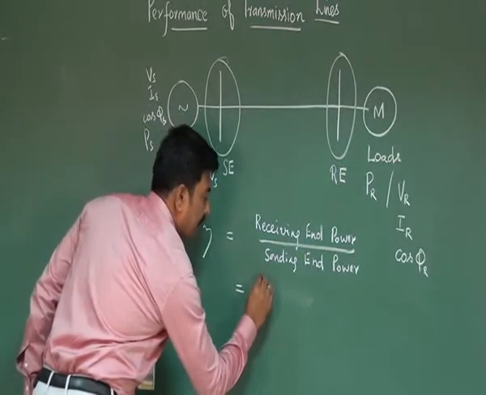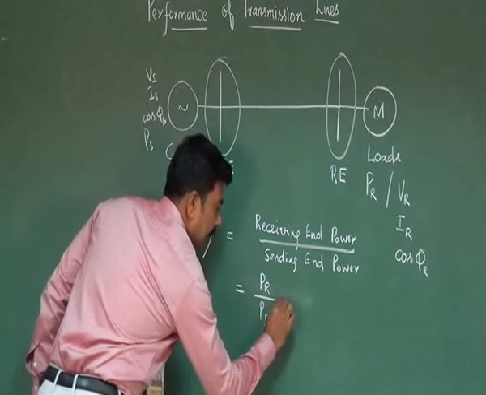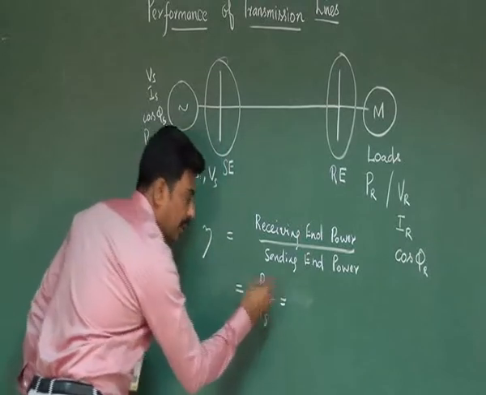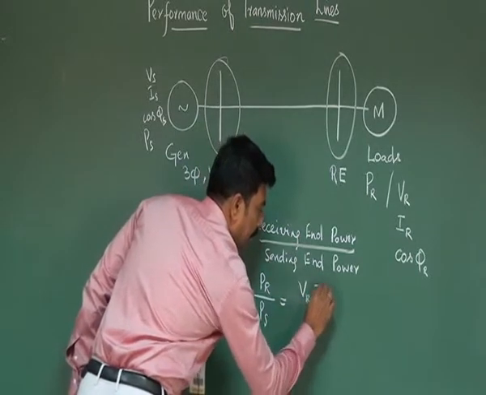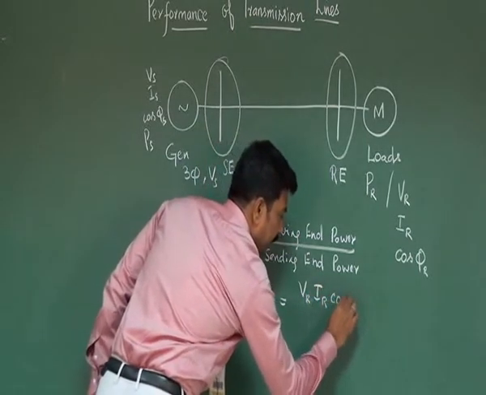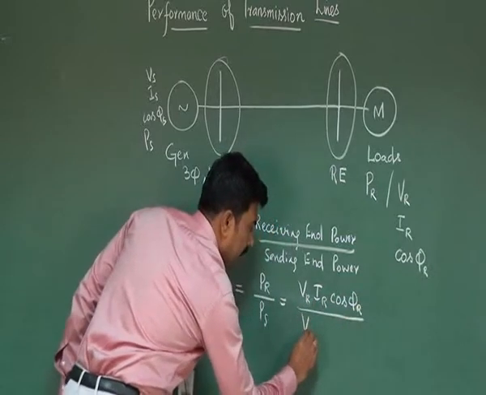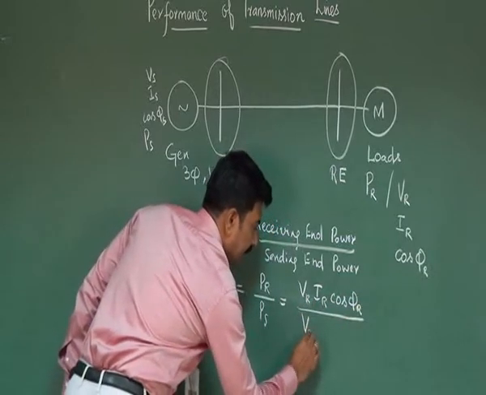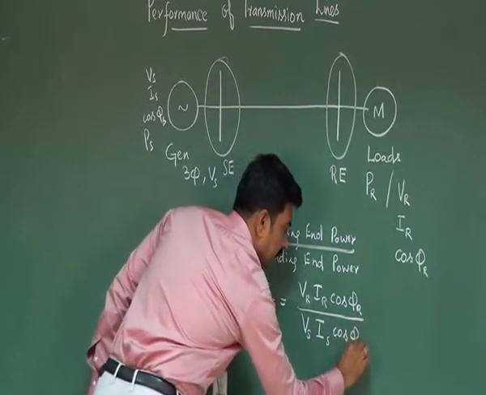Receiving end power is PR, the sending end power is PS. We can obtain PR from VR, IR, cos phi R, divided by the corresponding quantities for the sending end power: Vs, Is and cos phi S.